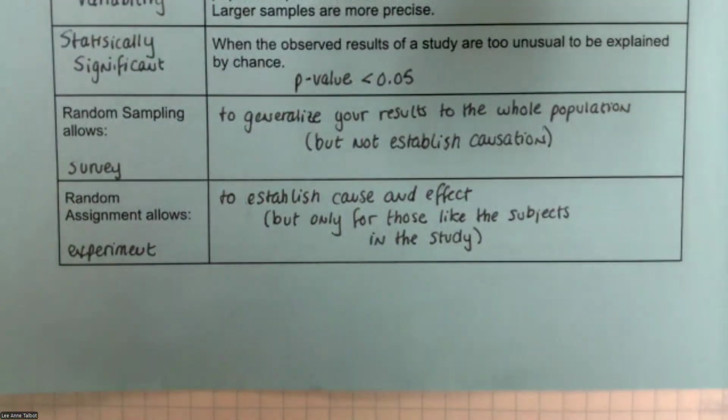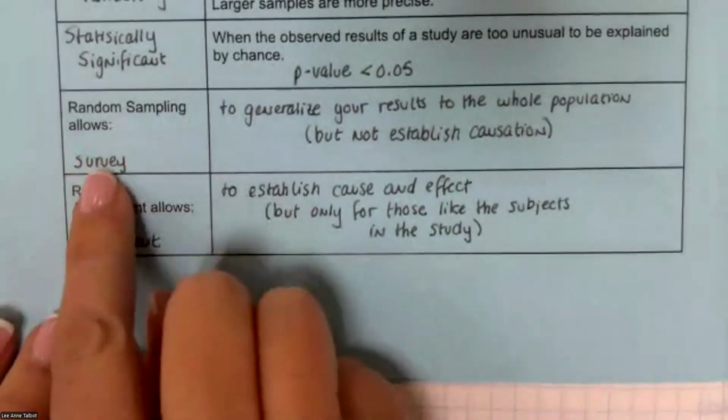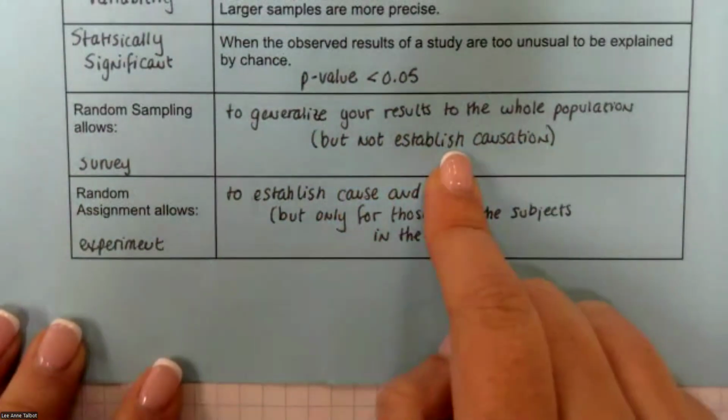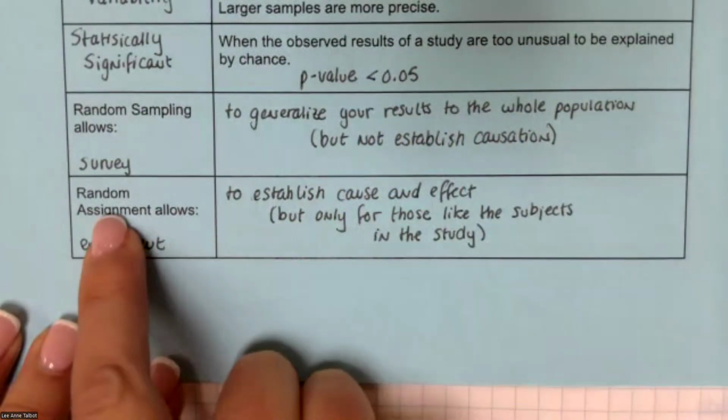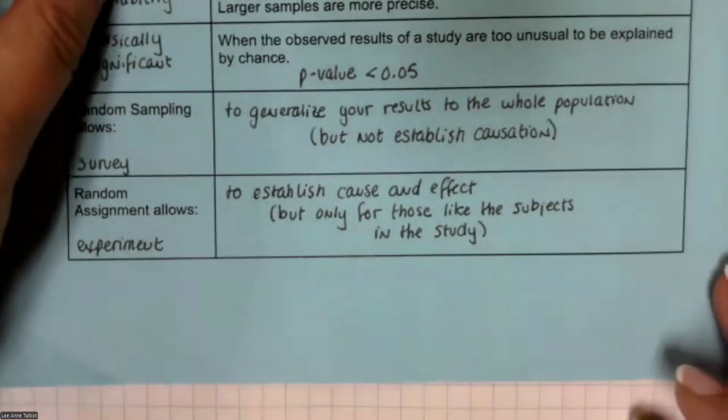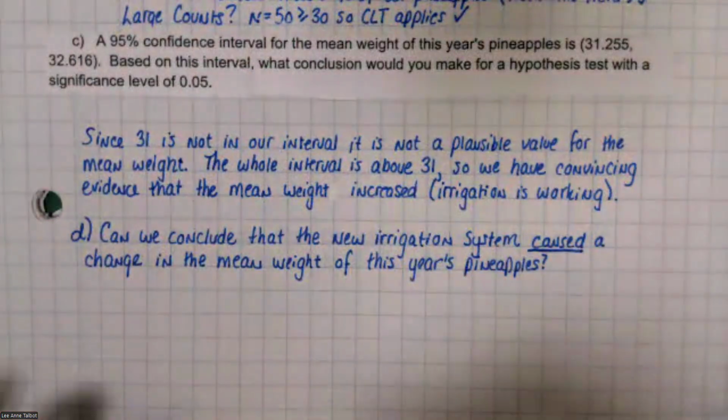Random sampling allows you to generalize your results to the population, but not establish causation. Random assignment allows you to establish cause and effect. Which one was this? This one was random sampling.